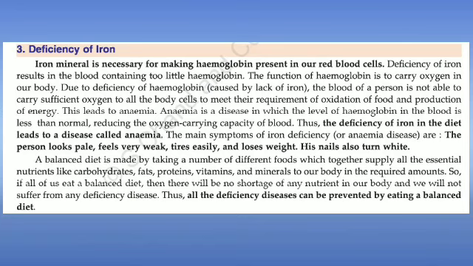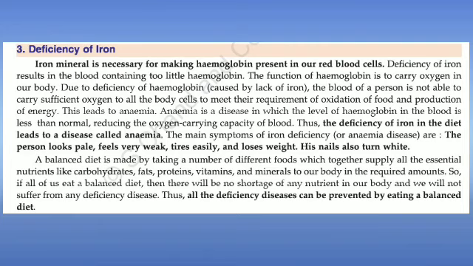Understand? Because it is hemoglobin which carries oxygen and oxygen is required for respiration. That is, oxidation of food means respiration. This is the process which occurs in respiration, and we know that respiration is necessary for getting energy.